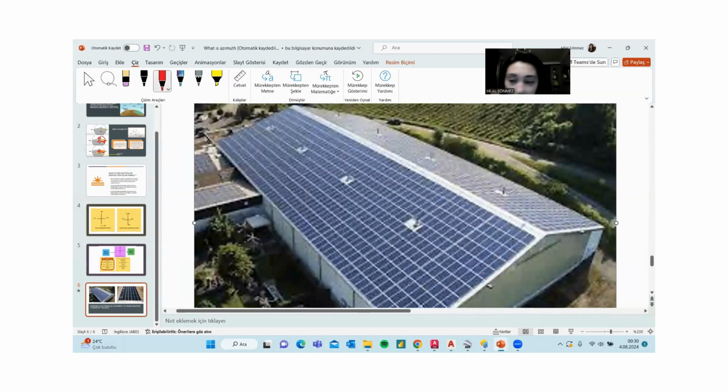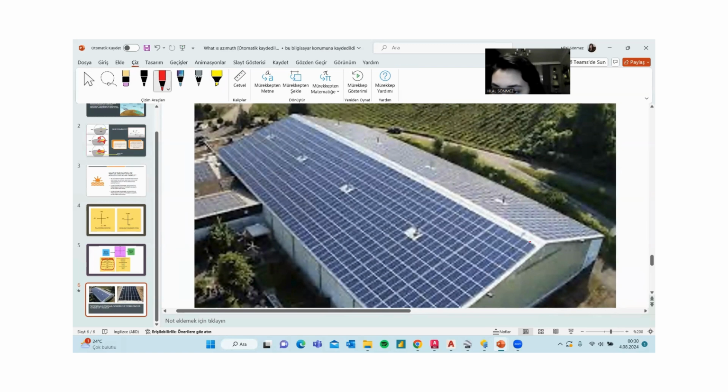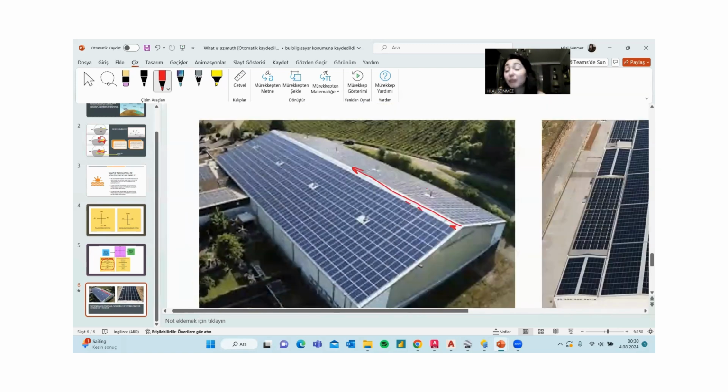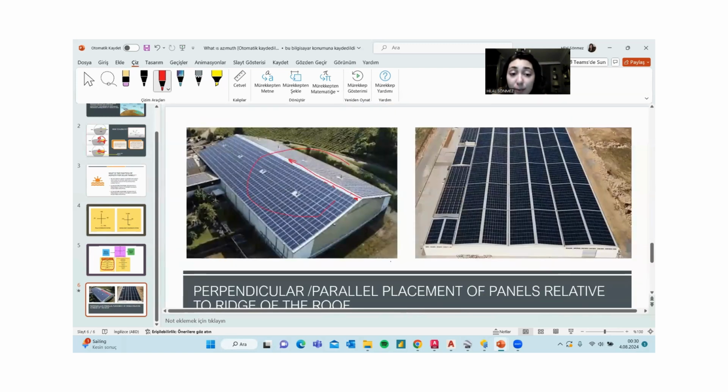We can draw it like that. If the width of the panels is laying along the ridge of the roof, then what we can say is that it is the perpendicular placement.